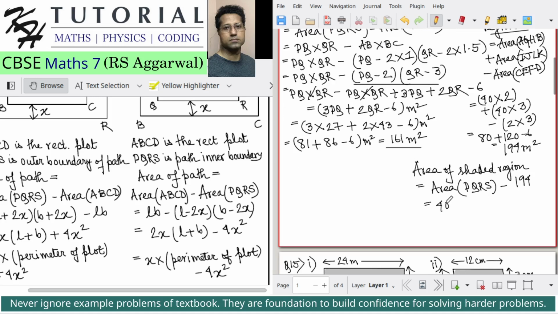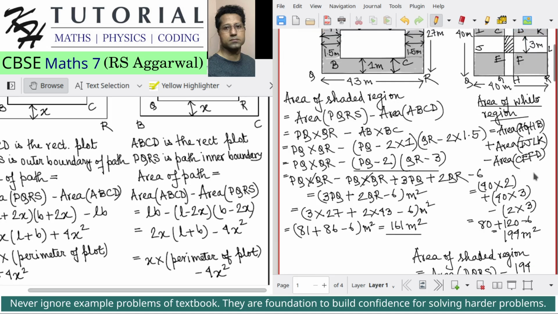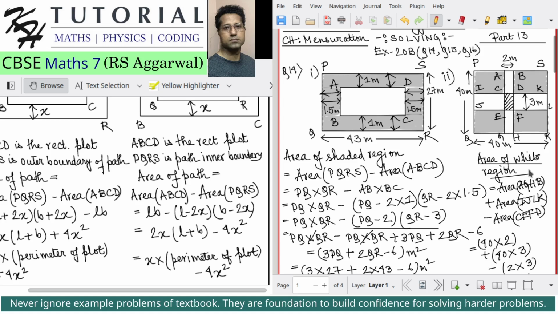It is 40 multiplied by 40 minus 194 meter square. So this is equal to 1600 minus 194 meter square, and this will be 1506 meter square. So 1506 meter square is the area of the shaded region for figure 2.